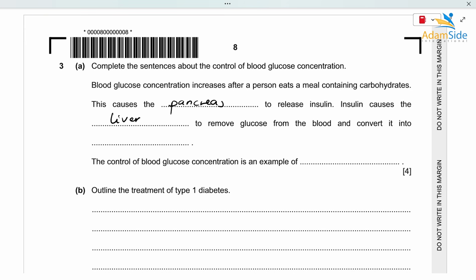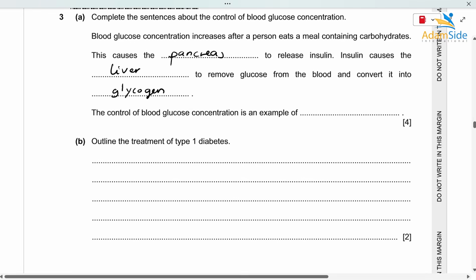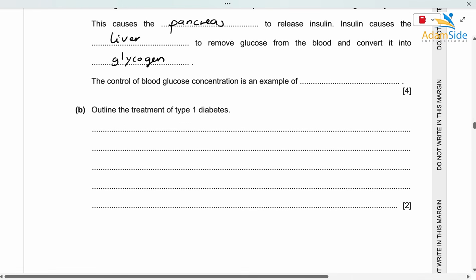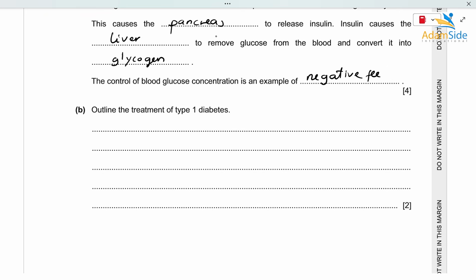Into glycogen, a form in which glucose is stored within the body. The control of blood glucose concentration is an example of negative feedback, because it depends on the concept of a change stimulating another change.